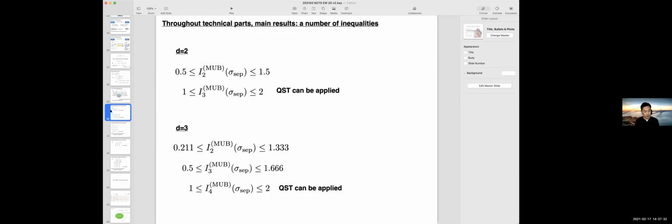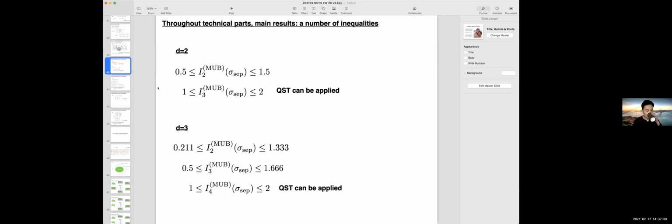Okay, so now let's try the case of dimension 2. I2 is a collection of 2 MUBs, and I3 is a collection of 3 MUBs. In dimension 2, we have 3 MUBs, and therefore this is the full set, and we have bounds 1 and 2.